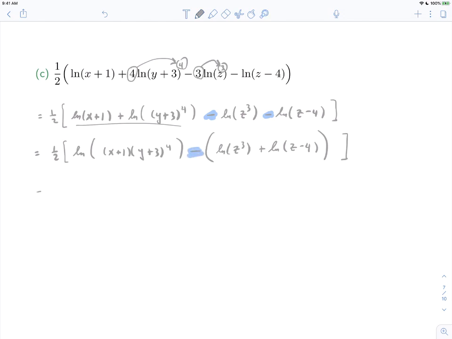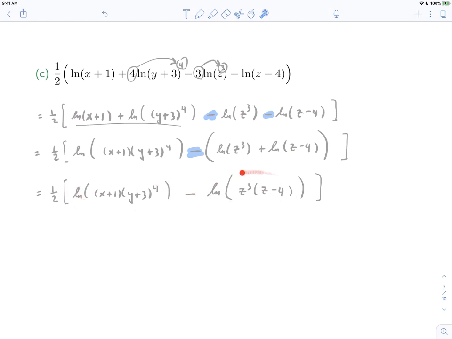equal to 1/2 ln, and I'm just going to leave this alone right now. (y plus 3) raised to the 4 minus, and I'm going to combine these two logarithms. So this becomes z to the 3 times (z minus 4), like so. Now I have the difference of two logarithms.